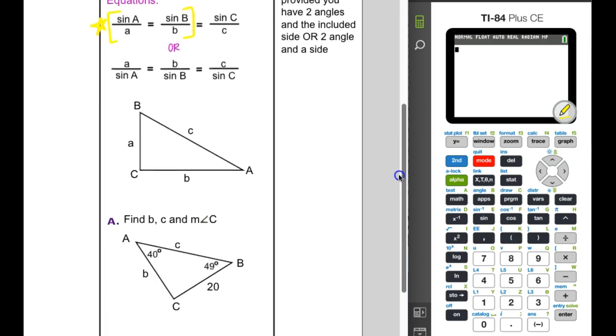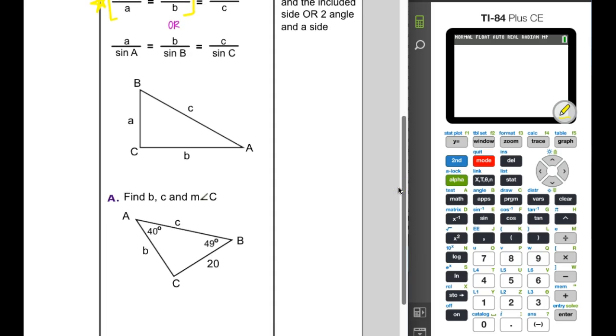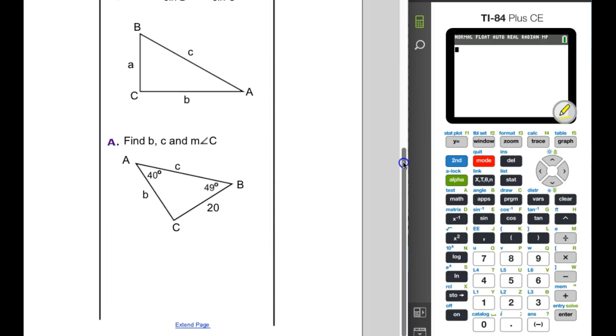So let's take a look at an example. Here we have triangle ABC. We need to find side length B, which is really side length AC, side length C, and the measure of angle C. We're going to start with angle C because we can use triangle sum theorem.